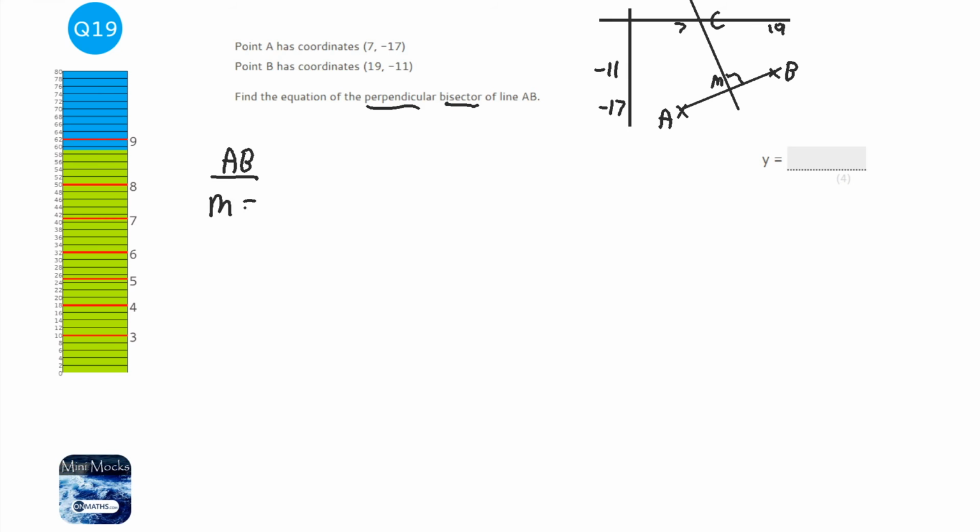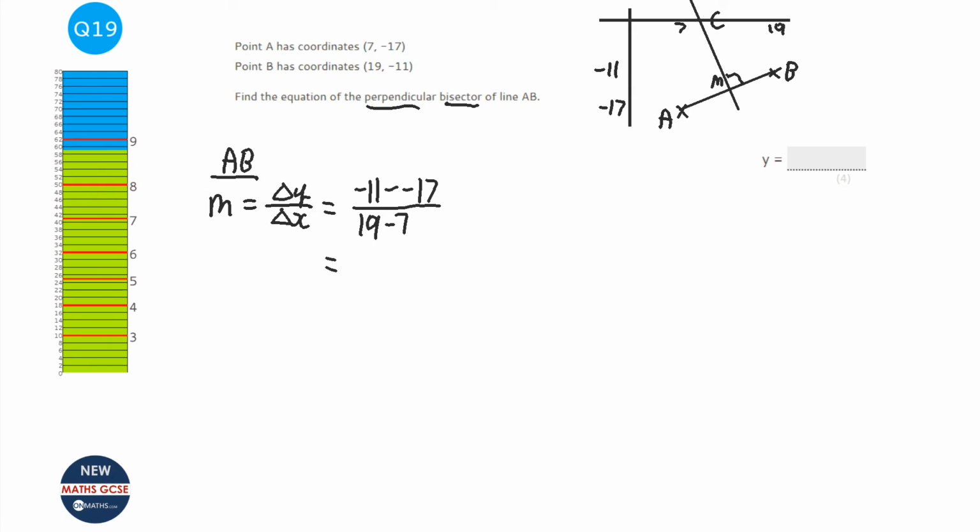So the gradient is going to be change in y over change in x. So the change in y is minus 11 take away minus 17, and the change in x is 19 take away 7.